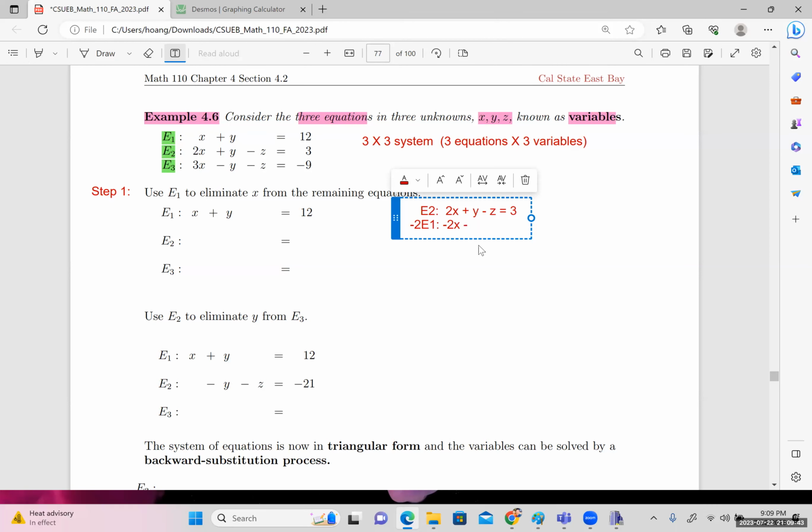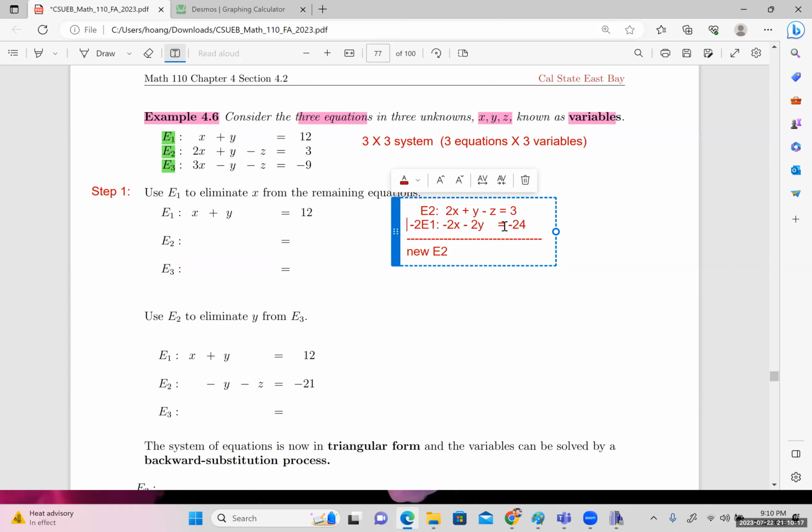Okay, so minus 2y. And do we have z? No z, right? So -2 times 0 is just 0 there. And you want to have equal to 12 times -2, which is -24. So adding together, you will have new equation 2.